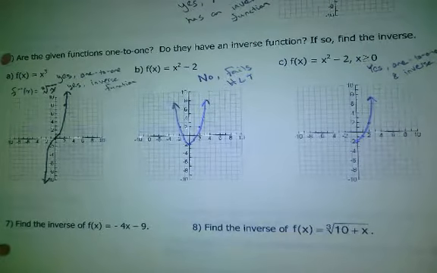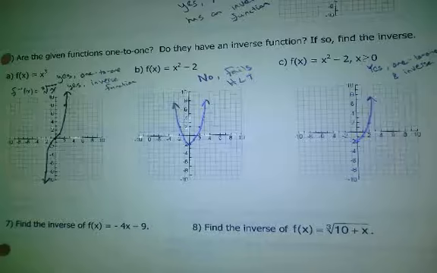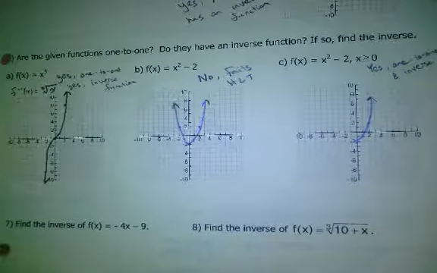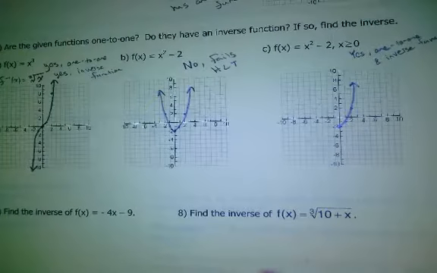It's just when we start talking about relations. Relations can fail as many tests, it doesn't matter. A one-to-one relation only needs to pass the horizontal line test. Which to me is repetitive because we're doing functions only.